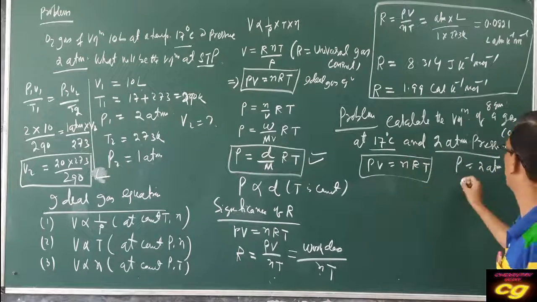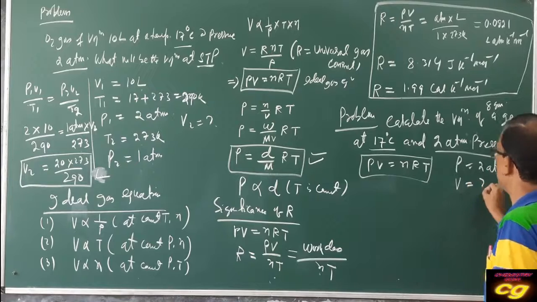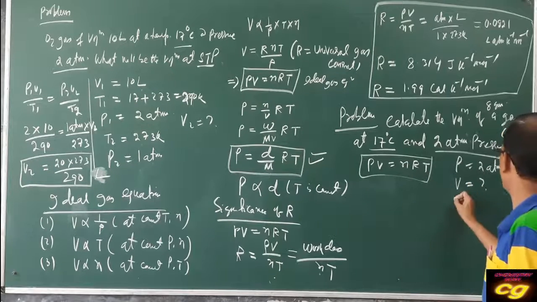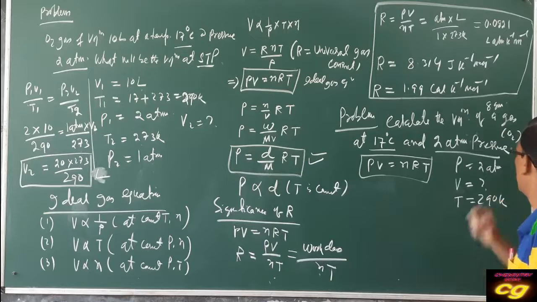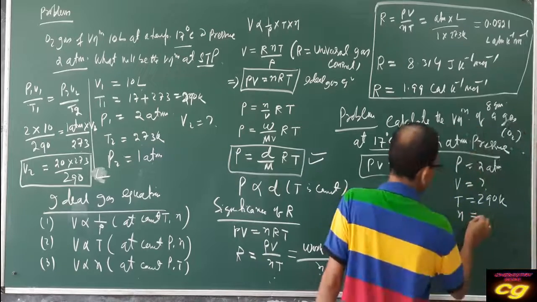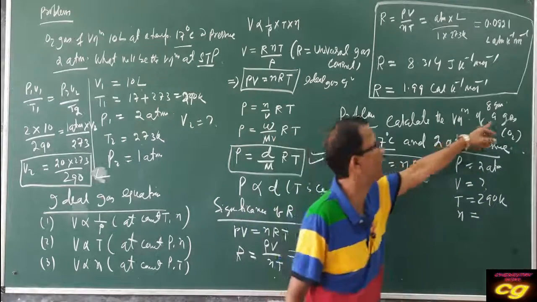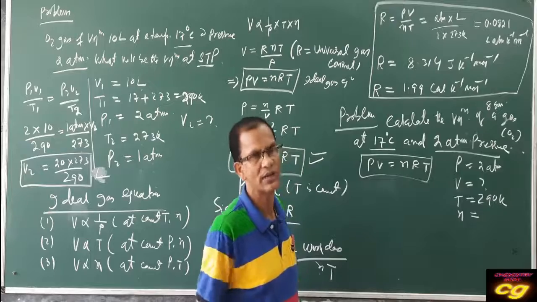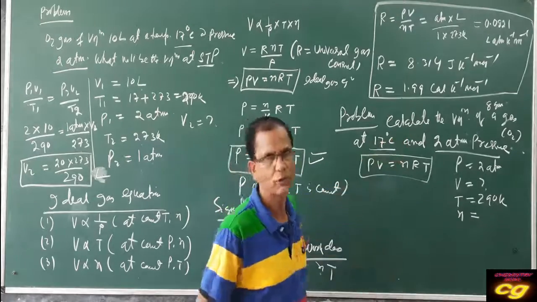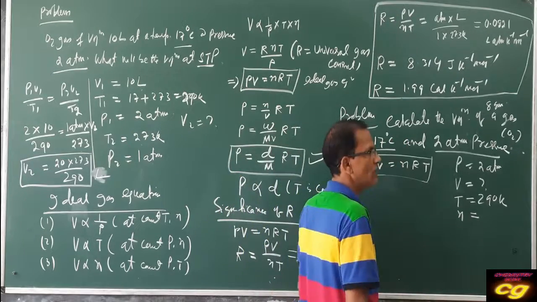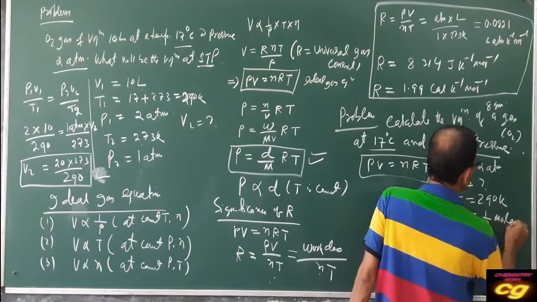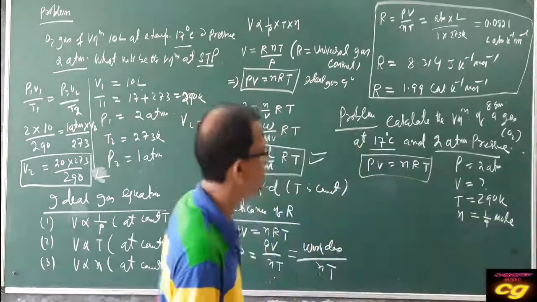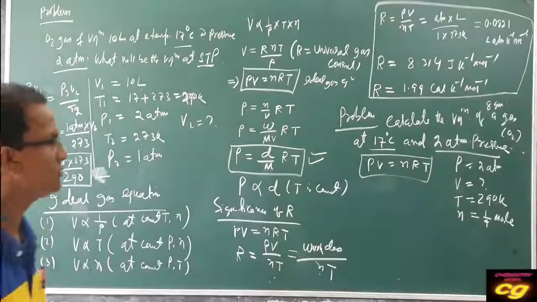V is asked, V is the question mark, and T is given as 70 degrees, which means about 290 K. Then n we can find. 8 gram oxygen means how much? Oxygen molar mass is 32. 32 gram is 1 mole, so 8 gram is 8 by 32, that is 1 by 4 mole. So n is equal to 1 by 4.